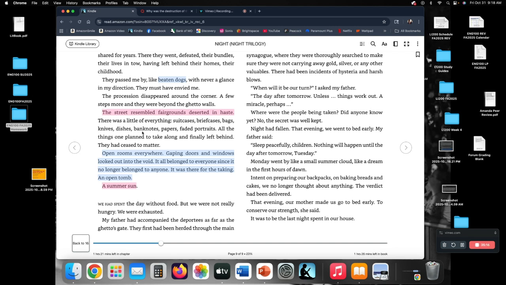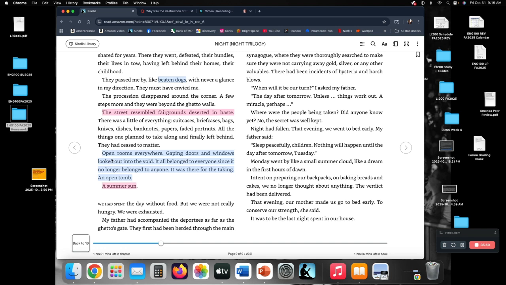Here, banknotes, faded portraits, their history, their livelihood is what's left behind. So this concept of it looking like fairgrounds sets up the contrast that really shows the poignancy of what the Jews have lost at this point. And obviously a fair is something that's supposed to be fun, a joyous occasion. Obviously that is not what the Jews are experiencing.